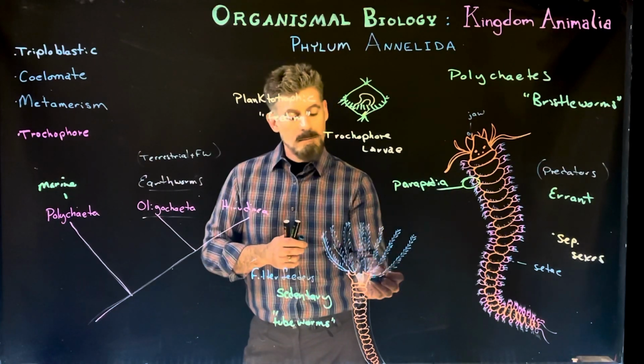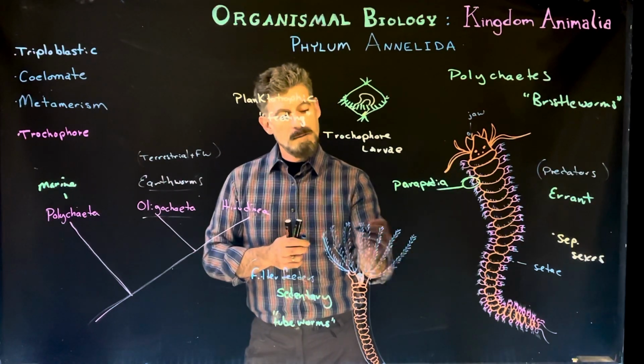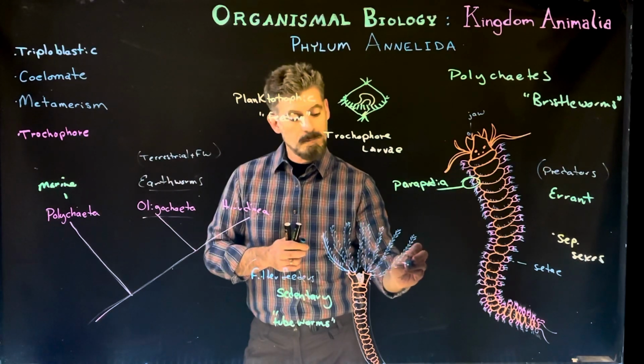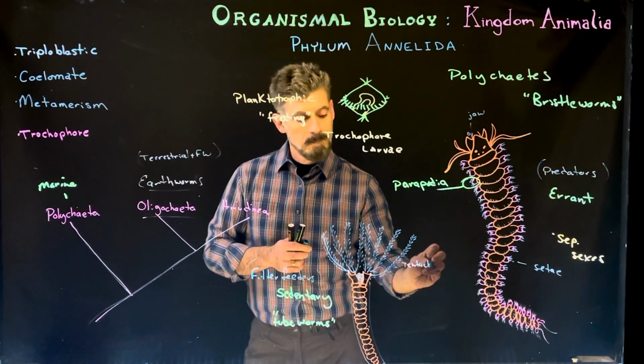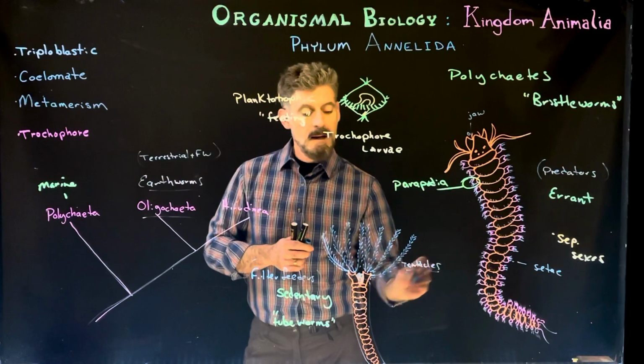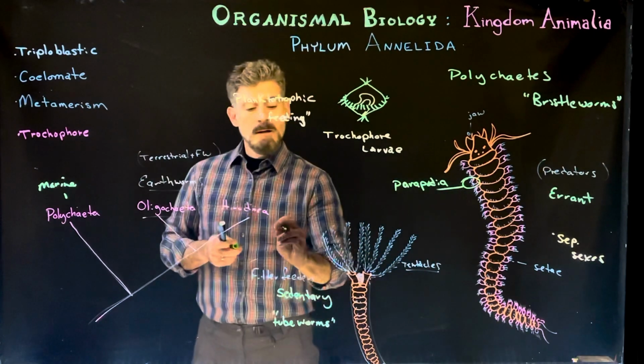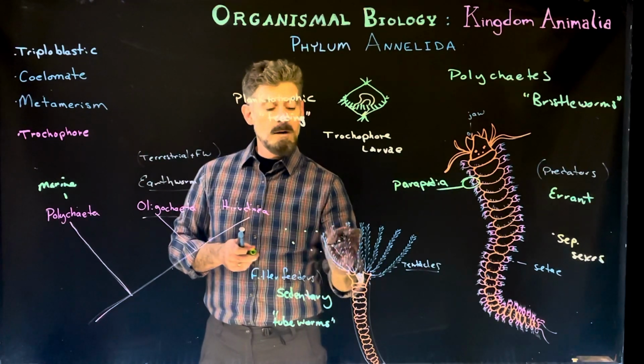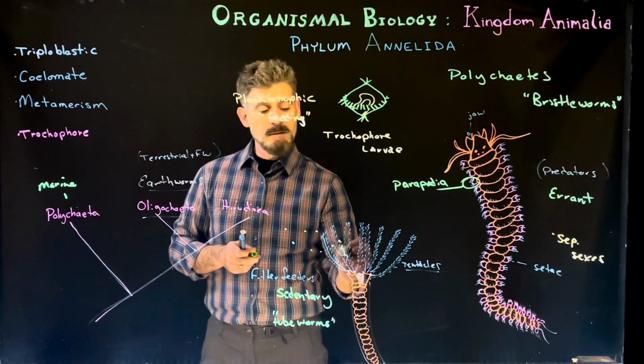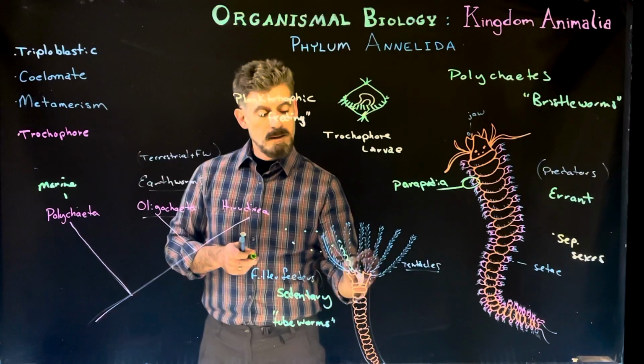And then they have modified appendages here that form these tentacles. And the tentacles are used in more passive filter feeding. So things float by in the water column, they're captured, and then they're passed down the tentacles to the mouth.